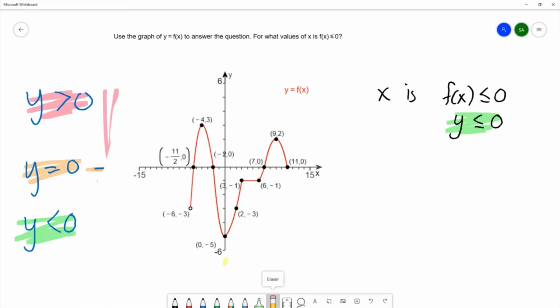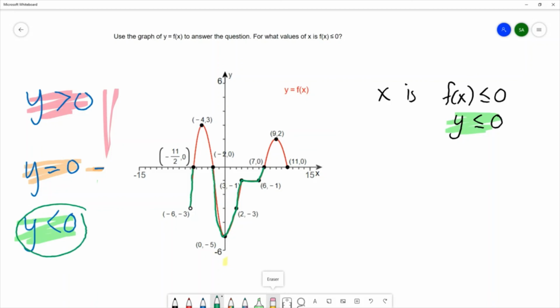And we can see, I'm going to trace the graph. This piece of the graph is below the x-axis. This piece of the graph is also below the x-axis. Below the x-axis, that's when y is less than 0.